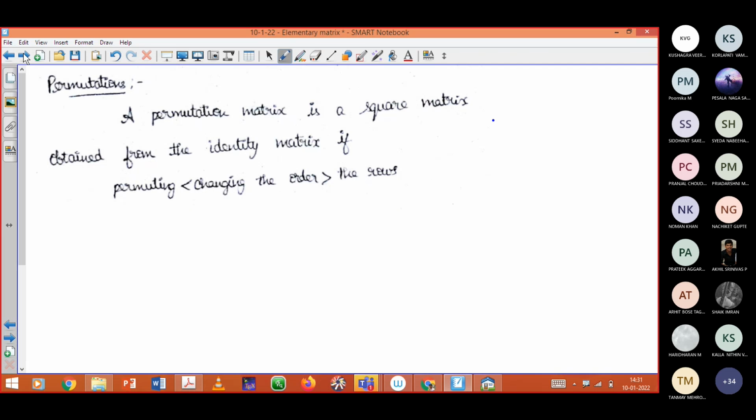There will not be problems coming from the permutation matrix.